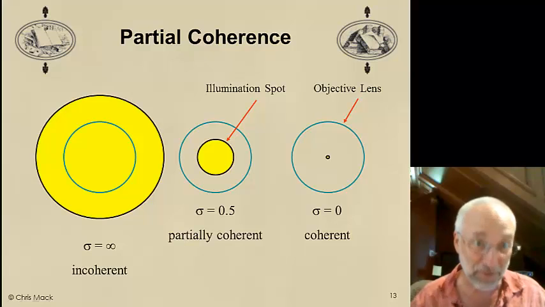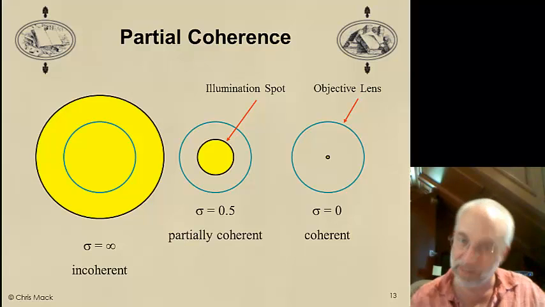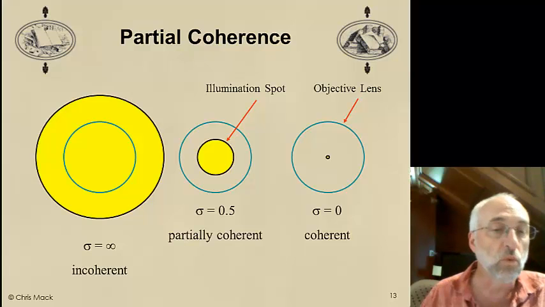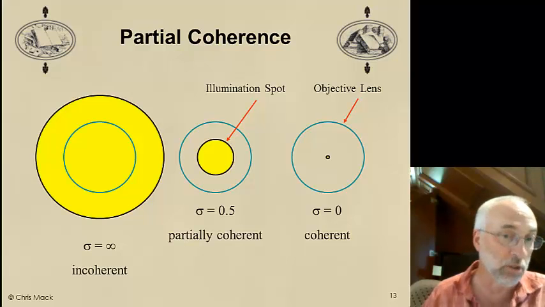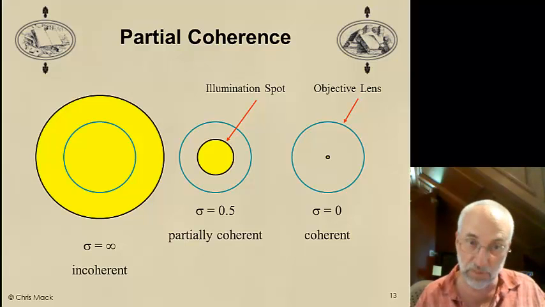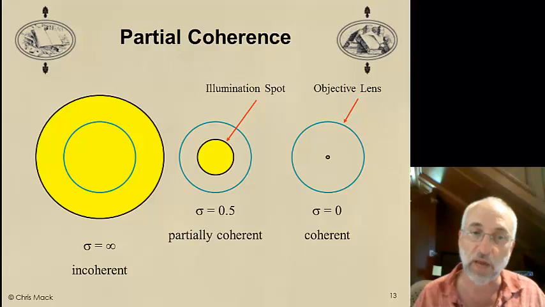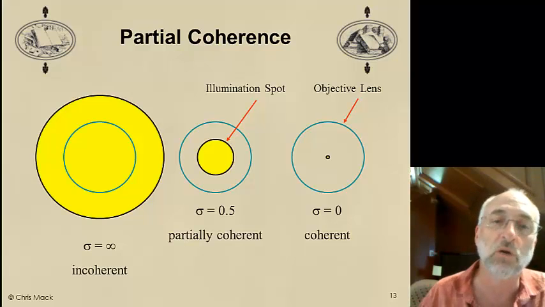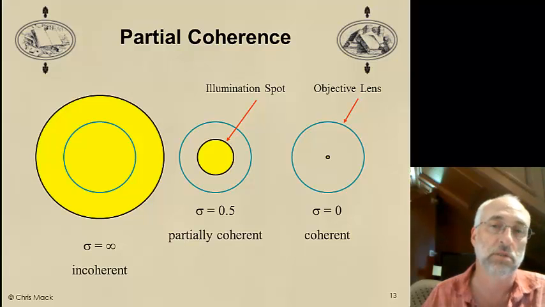But I drew it very big to represent that it's much bigger than the objective lens itself. We can let sigma go to infinity. That means incoherent illumination. So on the other extreme, incoherent illumination, we describe sigma equal to infinity, and sigma values between these two extremes are called partially coherent illumination.